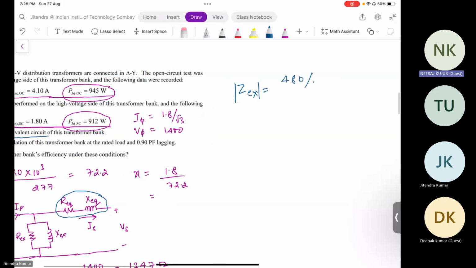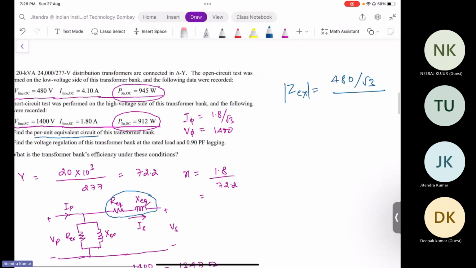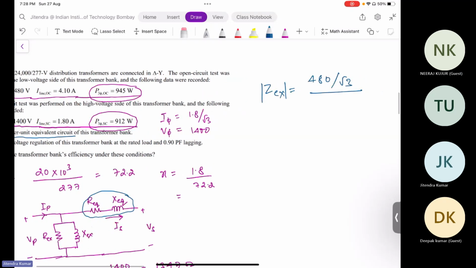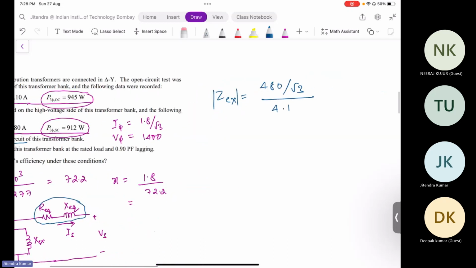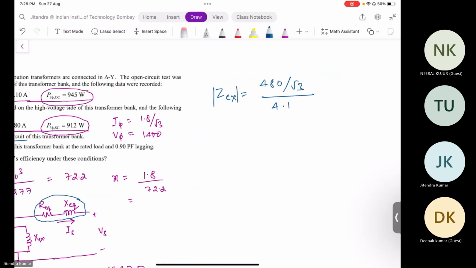It will go to 277, divided by 4.1. So what is the value of it? 277 divided by 4.1 is 67.59 ohm. Okay, so this is the impedance of the parallel parameters.